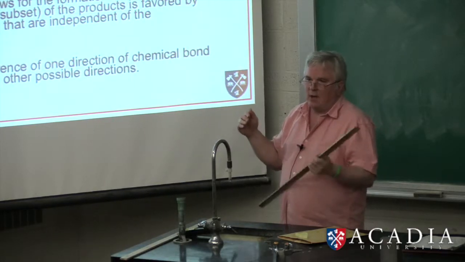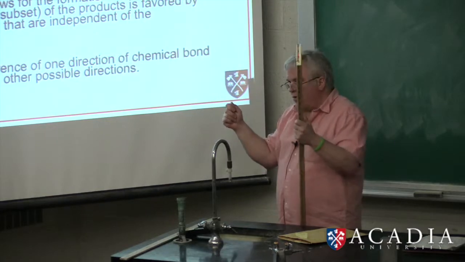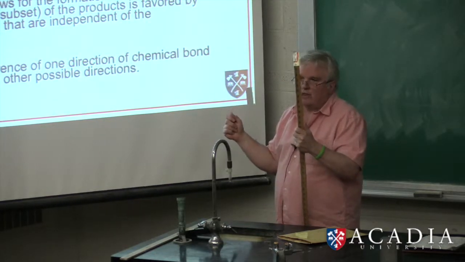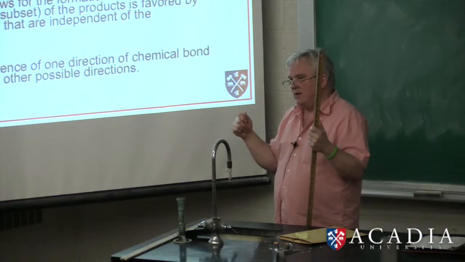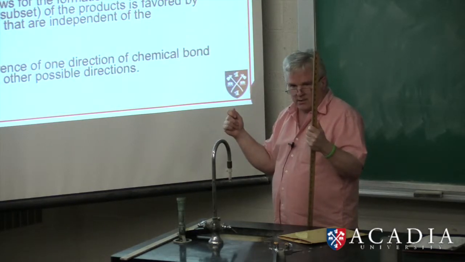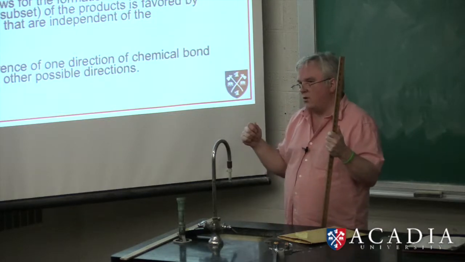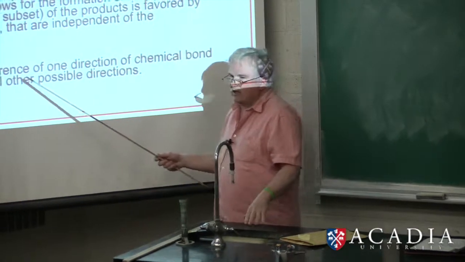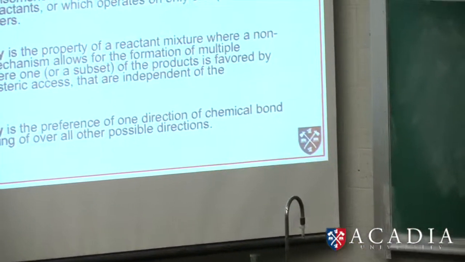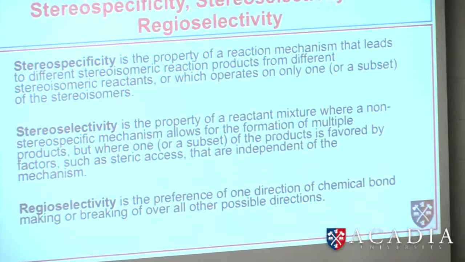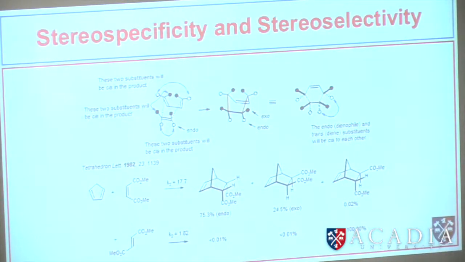Stereoselectivity means that we have the possibility of more than one stereoisomer and we'll get one over the other. Stereospecific means we have the possibility of more than one stereoisomer and we'll get only one. Regioselectivity just talks about where the bonds form. So let's take a closer look at stereospecificity, stereoselectivity, and regioselectivity.